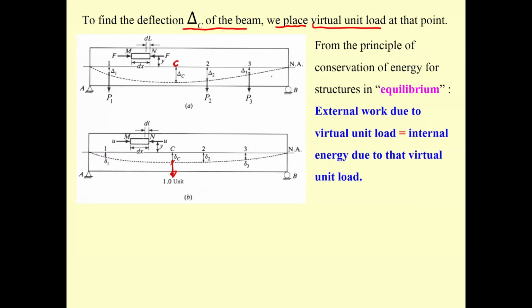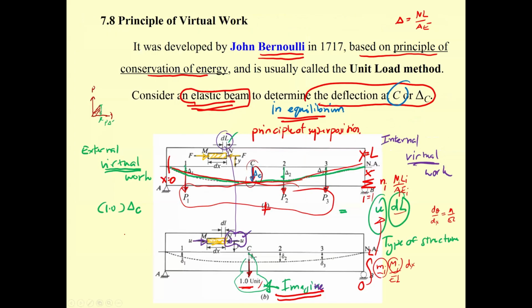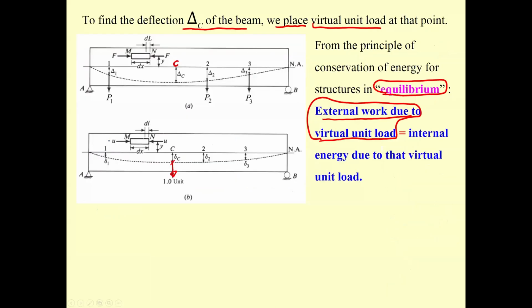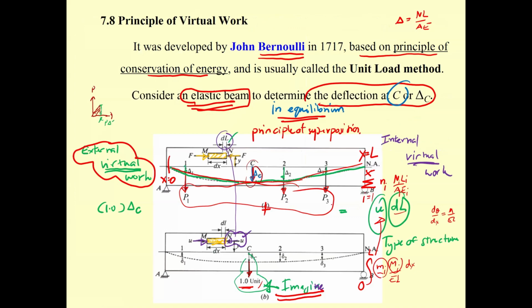Then for linear elastic behavior in equilibrium, the external work due to the virtual unit load, which I again call external virtual work, is going to be equal to the internal energy due to that virtual unit load, which we call internal virtual work.